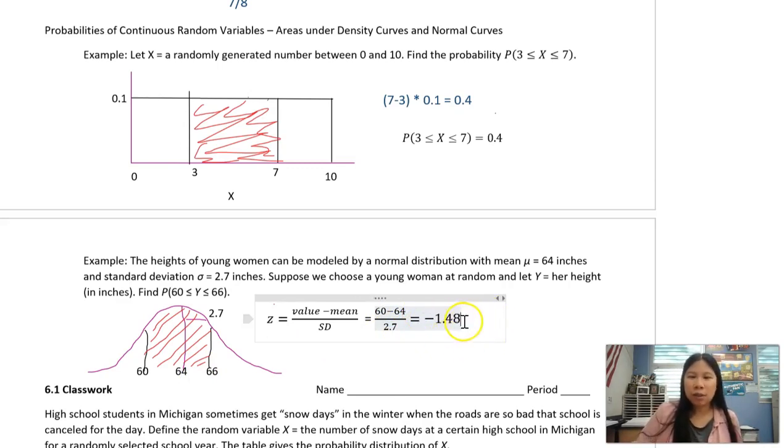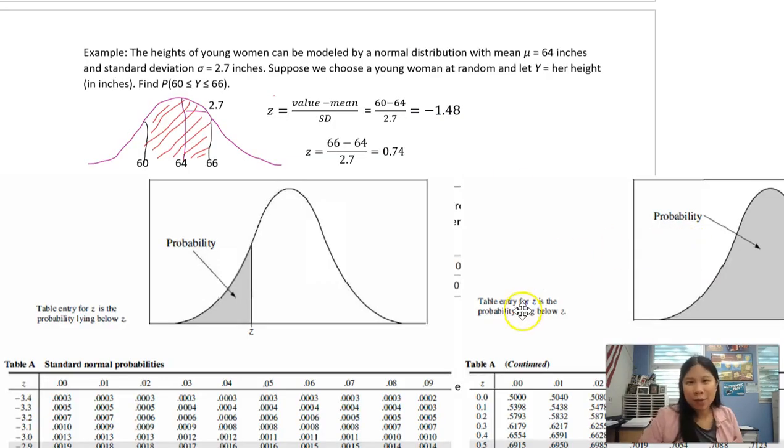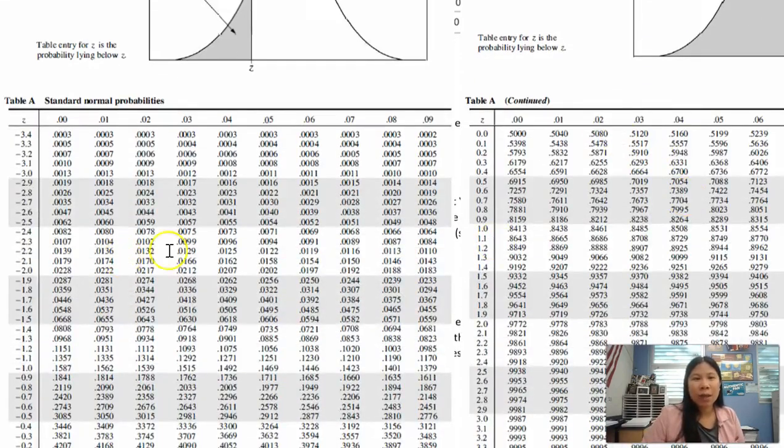So remember, with our z-scores, we wanted 2 decimal places for rounding. Okay, so that's my first z-score for the number 60. We're going to do the same thing for 66. When I did it for 66, I got a z-score of 0.74. Alright, so it's been a while since we've used these tables, but let's start with our z-score of negative 1.48. If you remember, your table has a negative side and a positive side, depending on whether you need to flip it over or not.